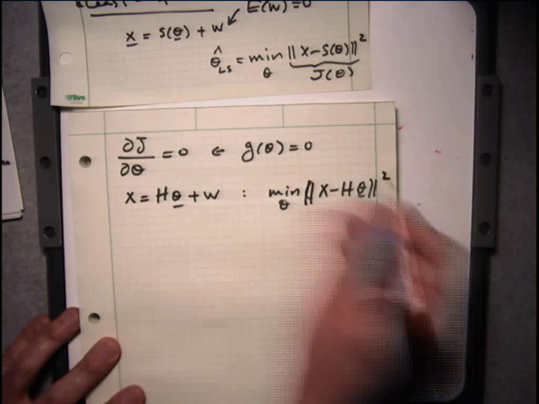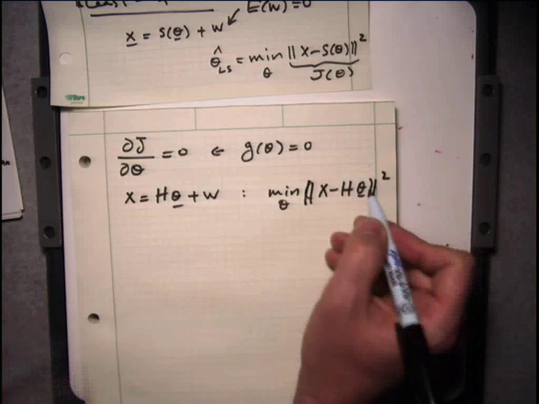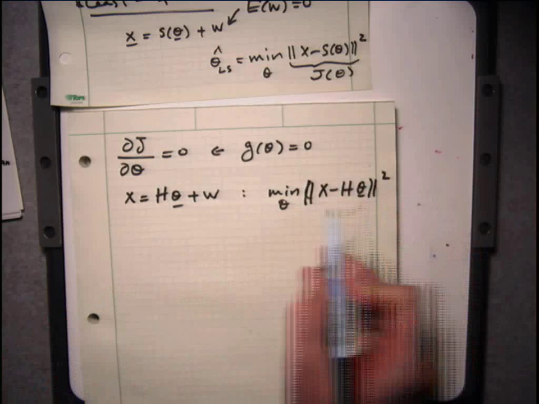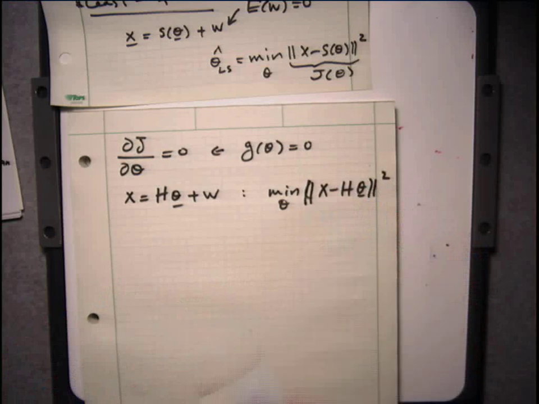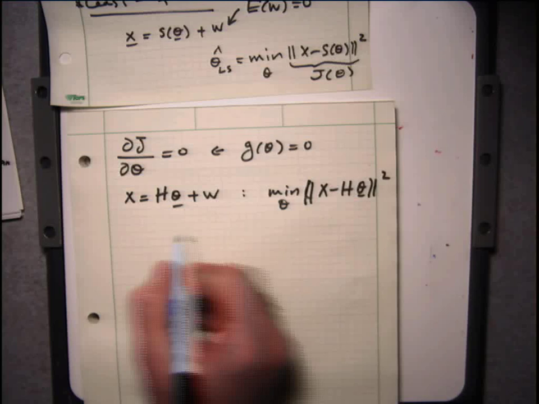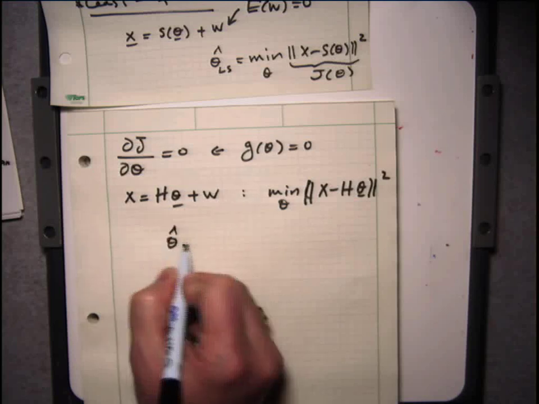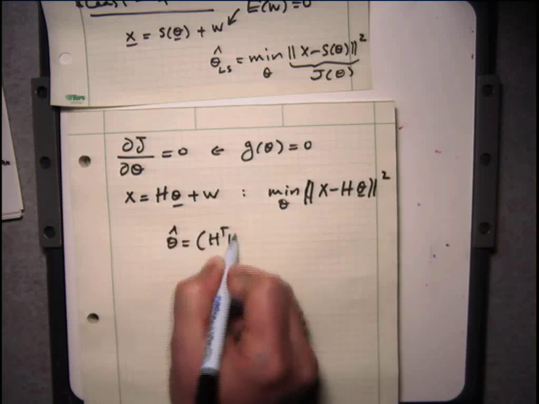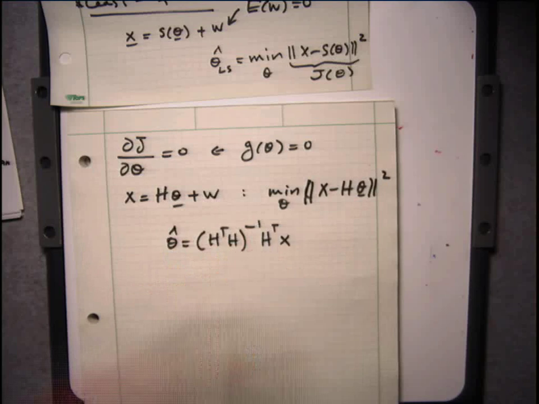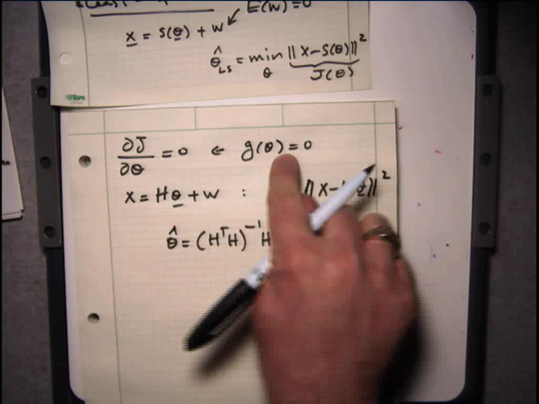If you take the derivative, theta appears in linear form inside the square, so this is a quadratic cost function in theta. You minimize it, set it equal to 0, and what you get is theta hat equals H transpose H inverse H transpose x. So now you have a closed form solution, whereas here you did not.